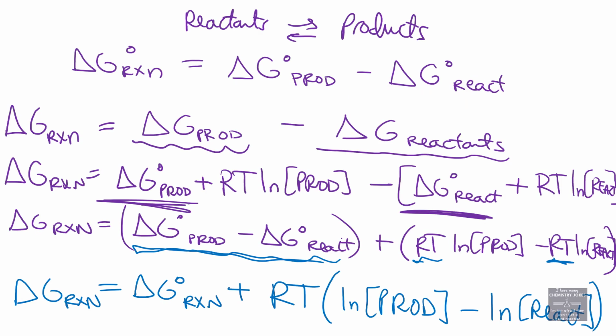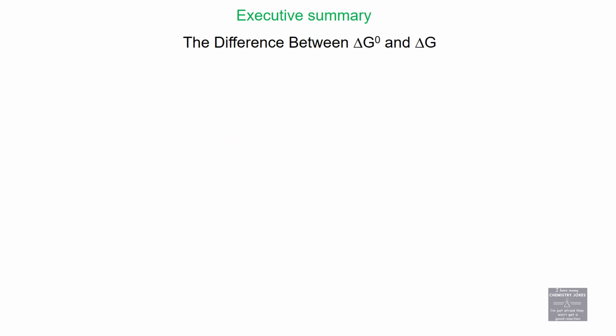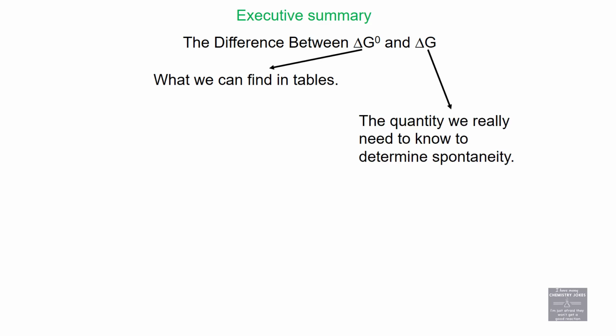We went through a lot of writing here, and maybe you followed along, maybe you didn't, but what's my take-home message, executive summary? The difference between delta G standard and non-standard, things we can find in tables, things that we really need to know to determine if a reaction is spontaneous or not. How do you find delta G non-standard if all you can look up is delta G standard?